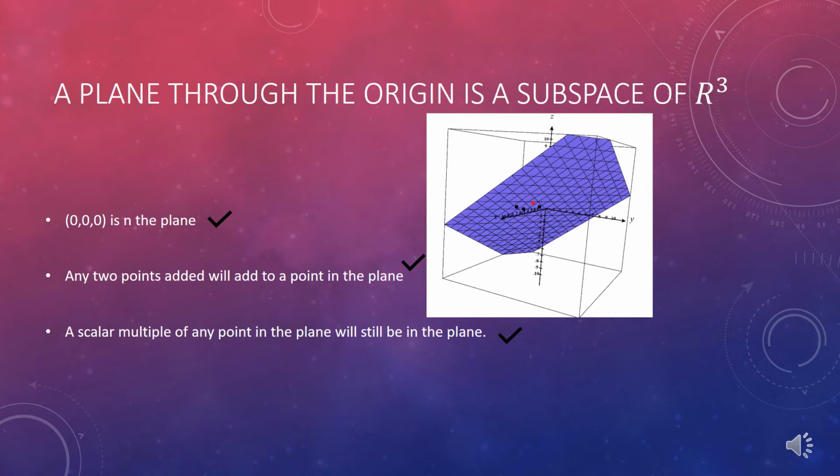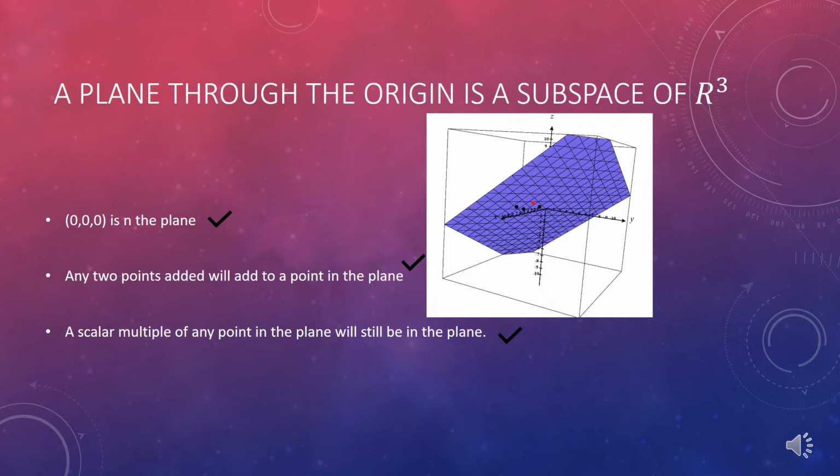If you take any 2 points on the plane and you add them, you also end up with another point on the same plane. If you take a scalar multiple of any point on the plane, that resulting new point will also be on the plane. So again, a plane through the origin is a subspace of R3.